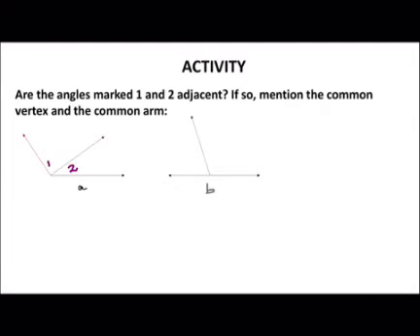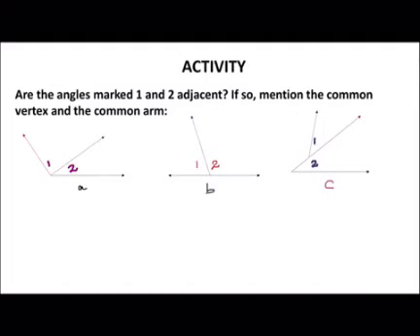That is B. Second figure is B. You have angle 1 and angle 2. You have one more figure coming up. Again you have two angles here. That is angle 1 and that is angle 2.